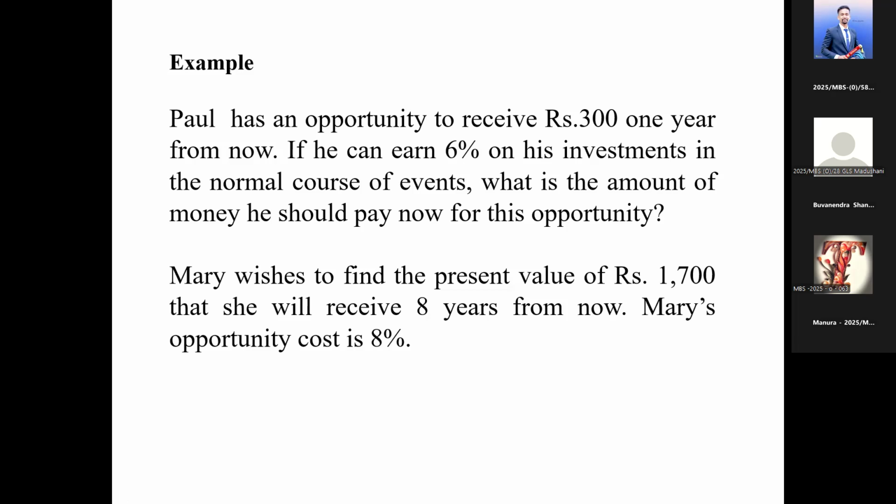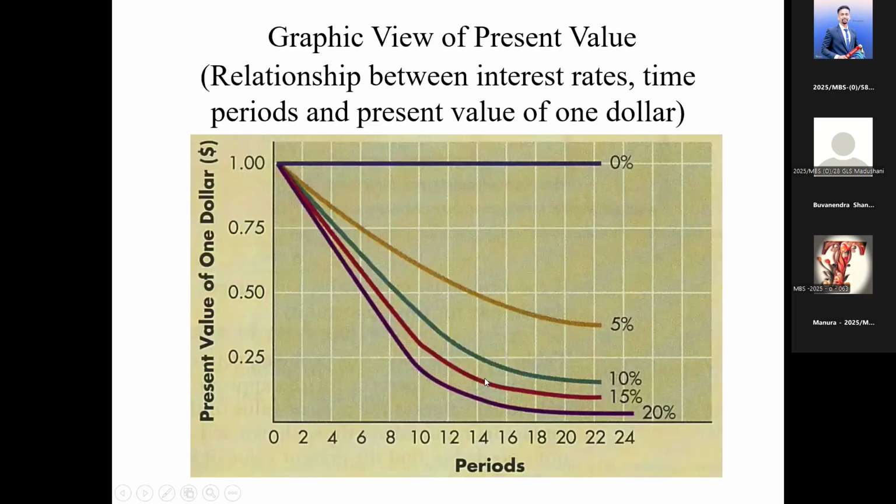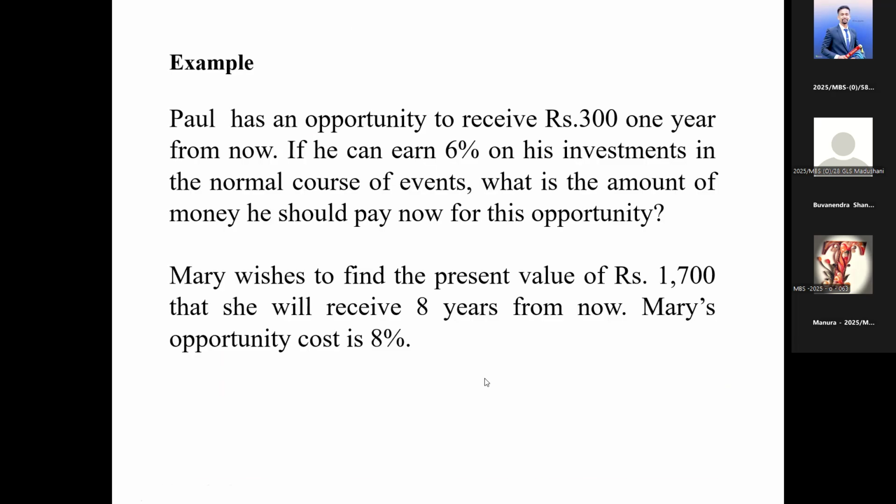The second example is the present value of 1,700 rupees 8 years from now, but if Mary's opportunity cost is 8%, what is the present value? Can you try the answers quickly? Both examples are simple, but we need to do them now. Try this. Use the present value factor table or the equation.